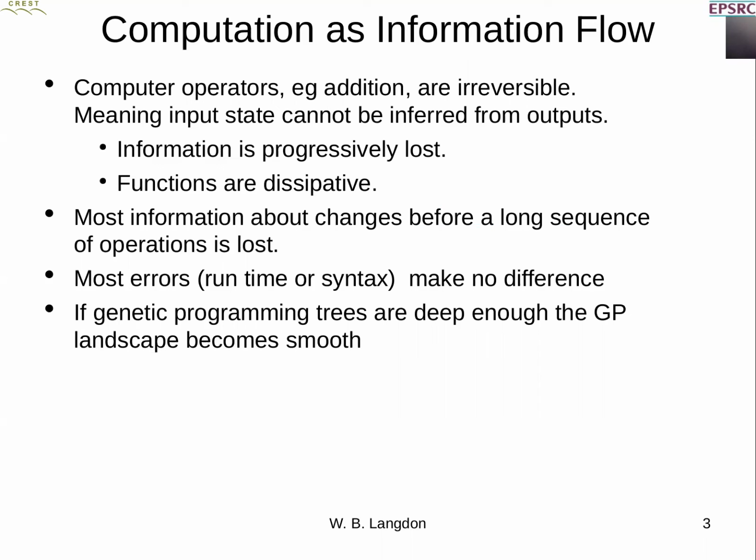It may make no difference to the output of the program. From a GP point of view, what we're going to see is that if the trees are deep enough, then the landscape becomes smooth in the sense that many changes in terms of mutation or crossover make little or no difference to the output of the trees.